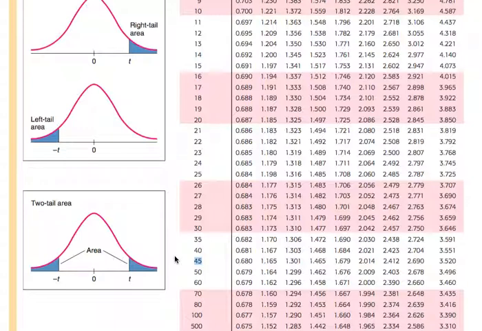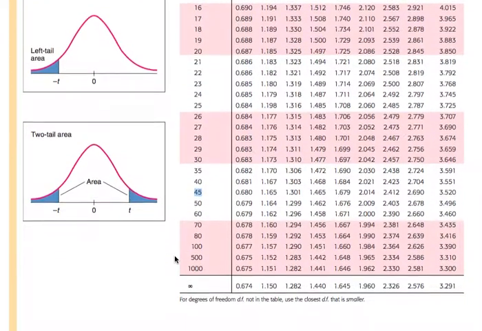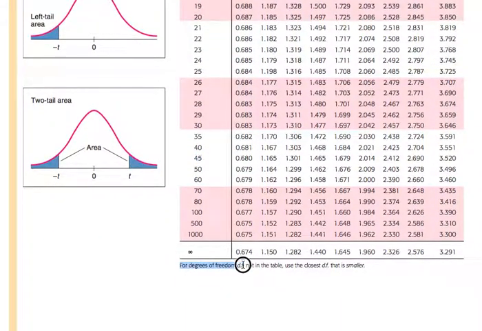Which degree of freedom are we going to use? If you scroll down to the bottom of our table, it tells us: for degrees of freedom not on this table, use the closest one which is smaller. The next smaller one for 42 is going to be 40, so I'm looking at the row where the degree of freedom is 40.